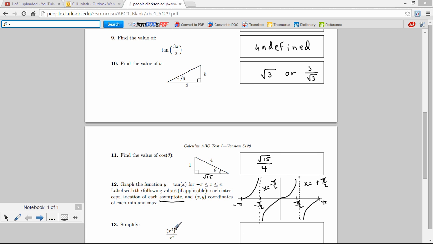And of course, you want to know your power rules, your exponent rules very well. So when you did this one, your final answer should have been x to the 8th, right? Because you raise the power to the power, you get x to the 10th divided by x squared. When you divide two numbers with a common base, you subtract the exponents. So that's how we're getting x to the 8th, right?